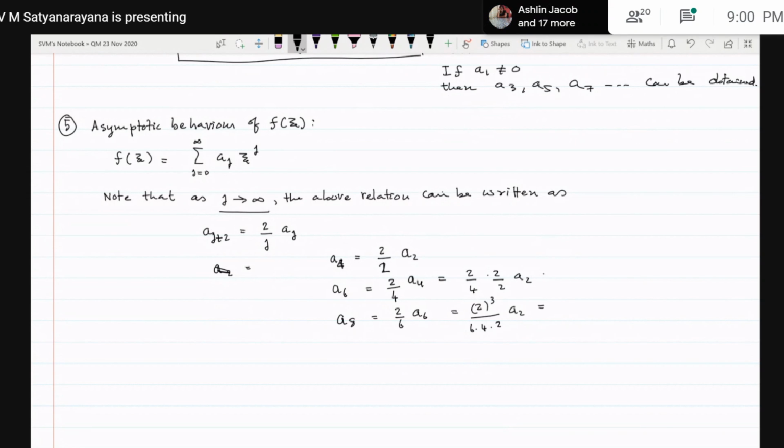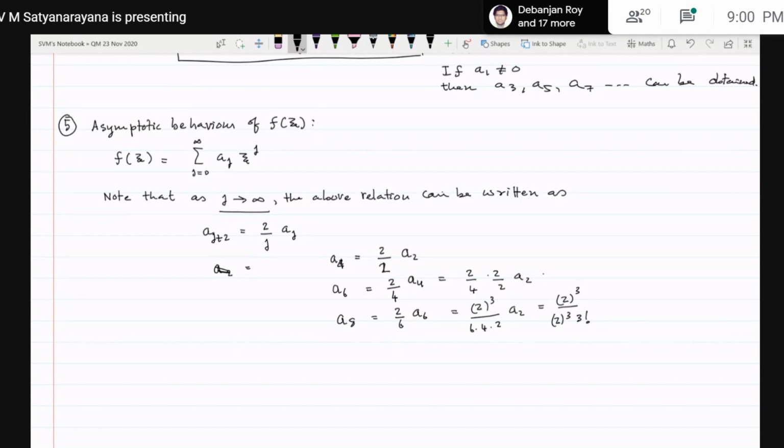So this can be written as 2 cube divided by 3 factorial.